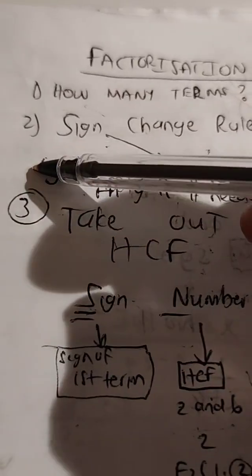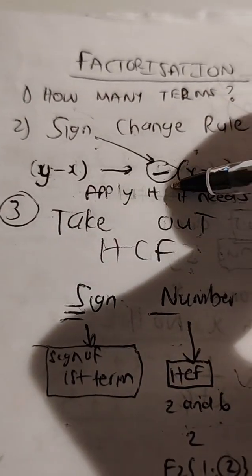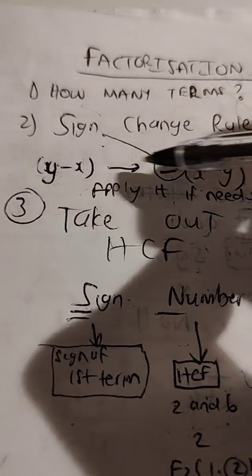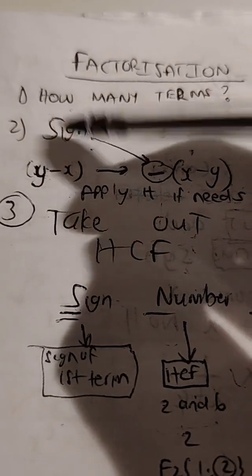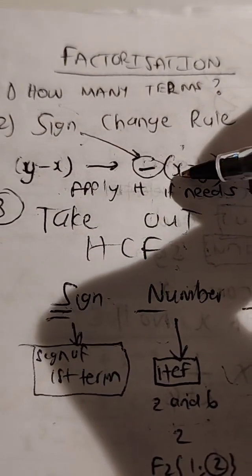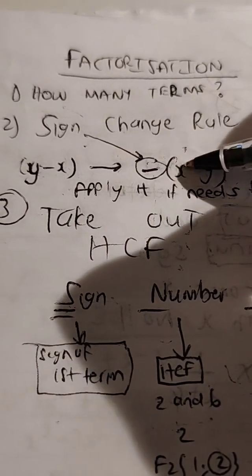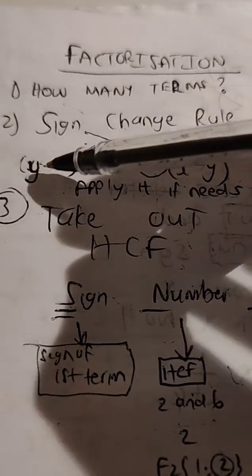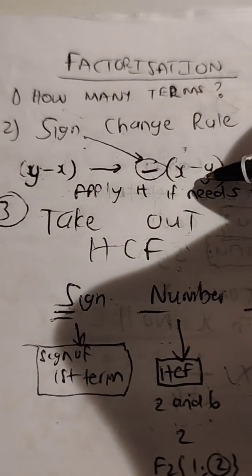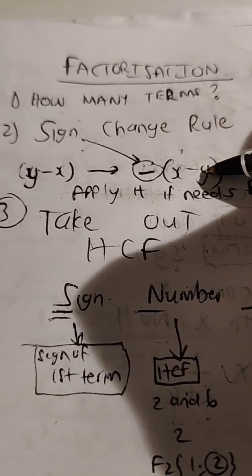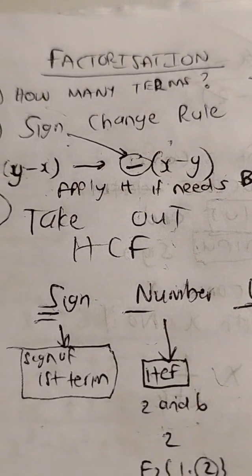Okay, so you remember I said here there was a positive, but now look here, outside this bracket there's a negative sign, so the positive sign changed to negative, hence we call it the sign change rule. Then the x, which was negative, is now positive and it occupies the first term position. Then the y, which was positive, is now negative and it occupies the second term position. All right, so this is called the sign change rule.